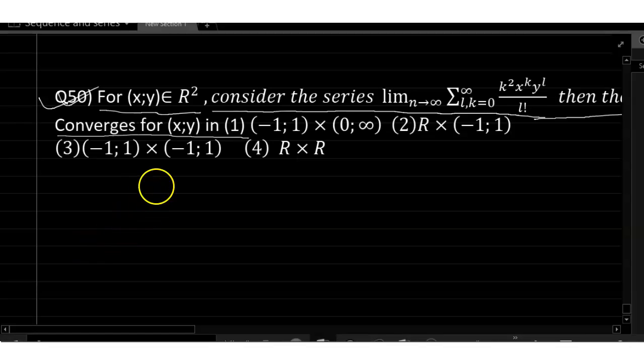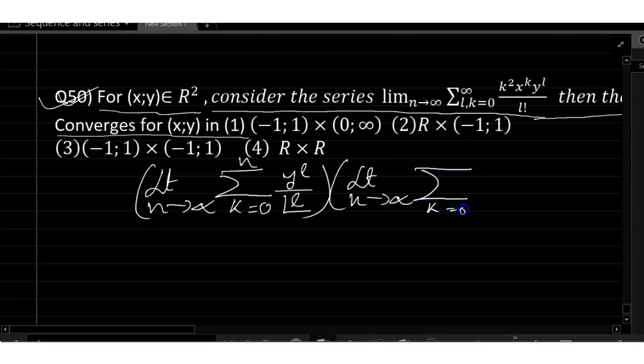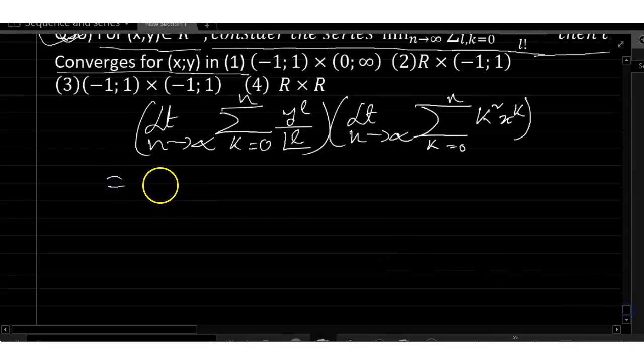So what I have to solve: I can write this way, sum l equals 0 to n of y to the power l divided by l factorial, and limit n tends to infinity of sum k equals 0 to n of k squared x to the power k. So we can write this way.